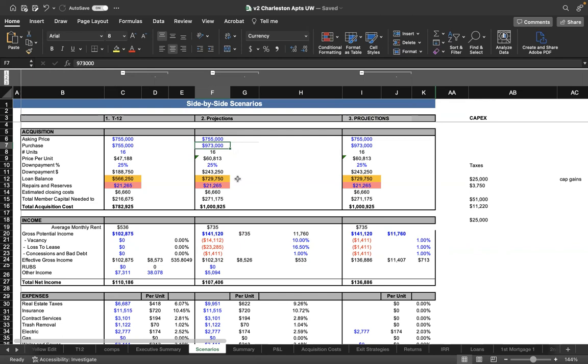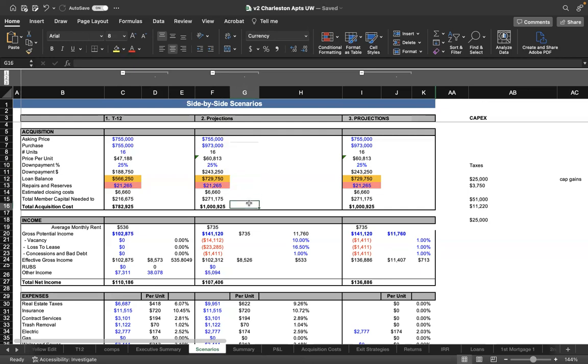But that's the most conservative way to use this version of the SDA. So we put 25% down, and this repair and reserves is really just extra capital that's in the bank account.